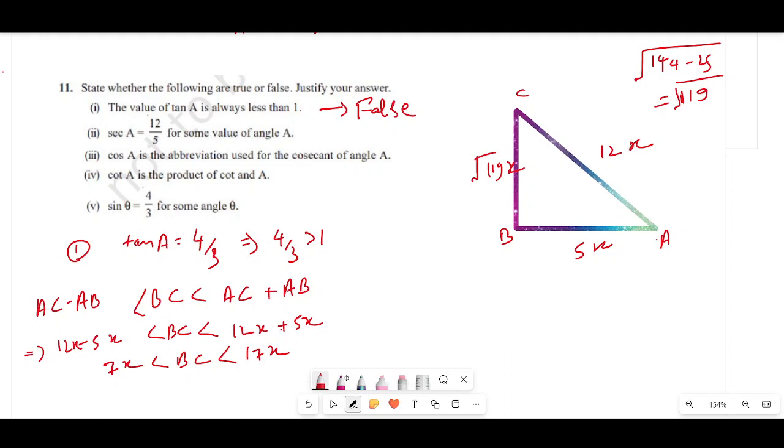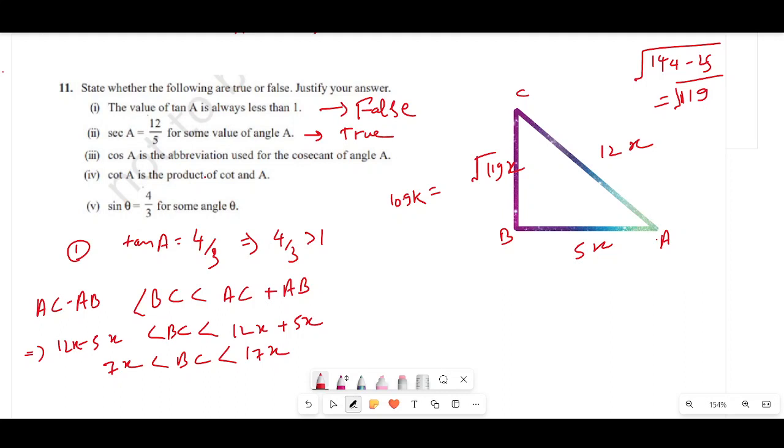Clear? So BC is between 7x and 17x. If you find the root, then we can say that this type of triangle is possible and hence such a value of sec A is possible, so it is true.